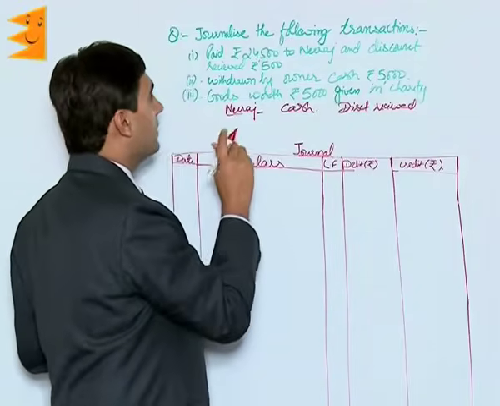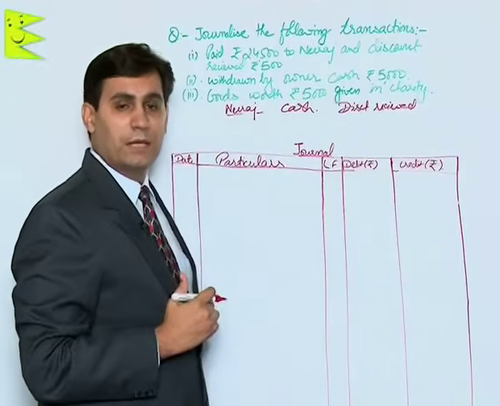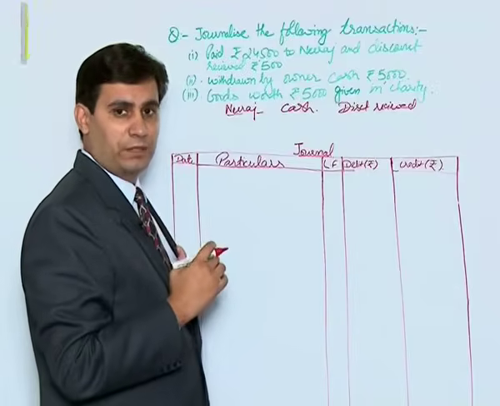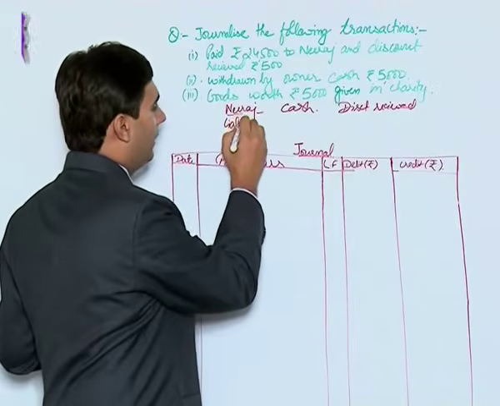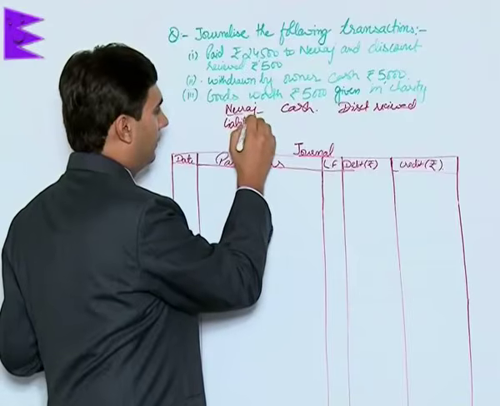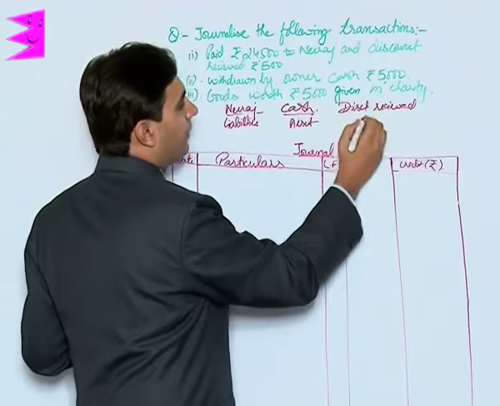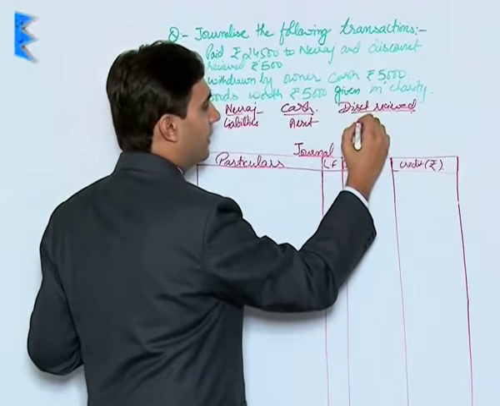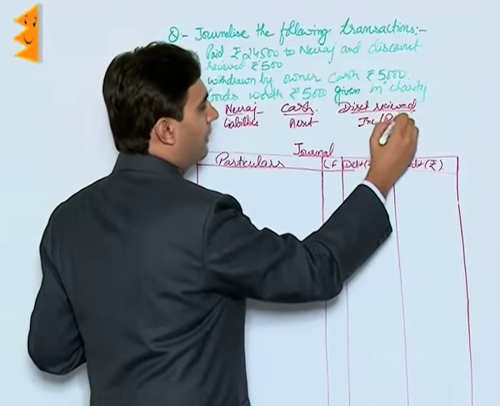Since Neeraj is getting payment from us, that means we had to pay him something. So he was under the category of liabilities. Cash is an asset and discount received is our income, or under the categories of revenue.